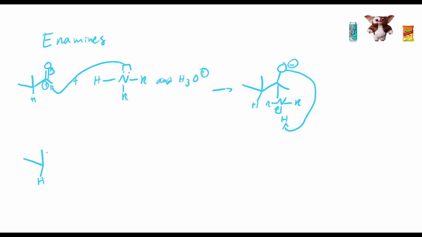And notice that I'm emphasizing that there's a hydrogen right here. That's going to be important. You can only form enamines if there's an available hydrogen next to this ketone or aldehyde or whatever you're working with, okay? So here we go.